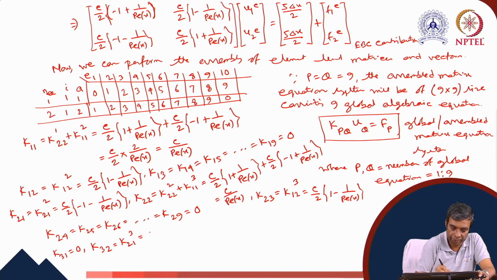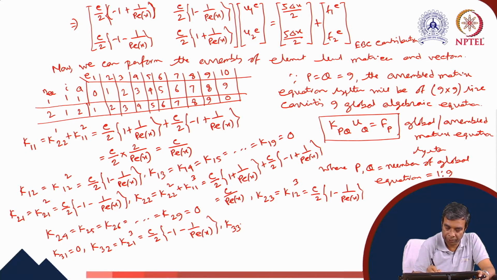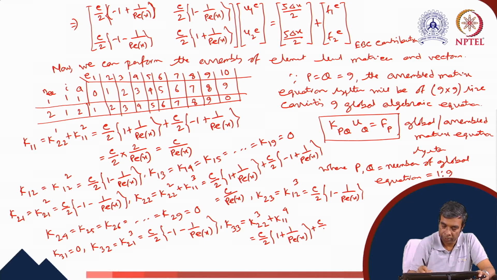K213 means we have C by 2 into minus 1 by PEX. Then we have K33, which equals K223 plus K114. K114 equals C by 2 into 1 plus 1 by PEX plus C by 2 into minus 1 plus 1 by PEX, which equals C by PEX.